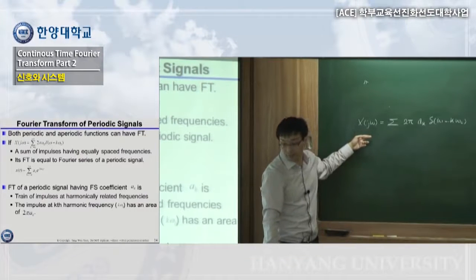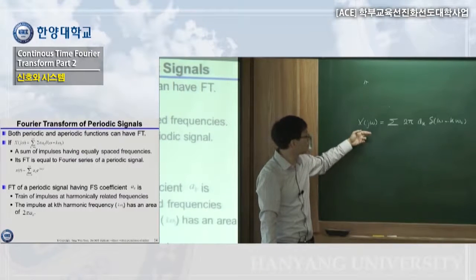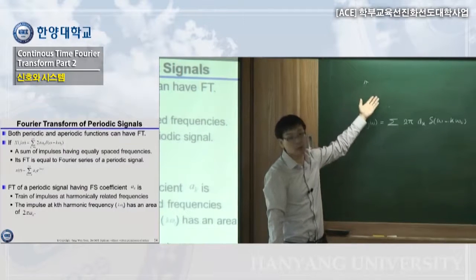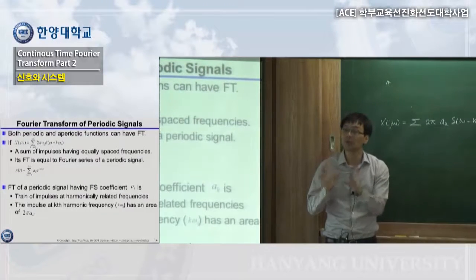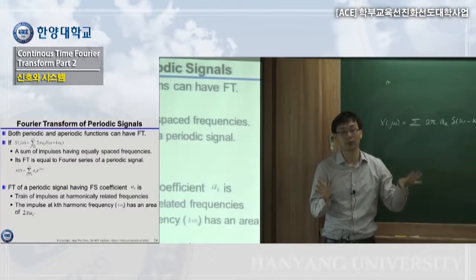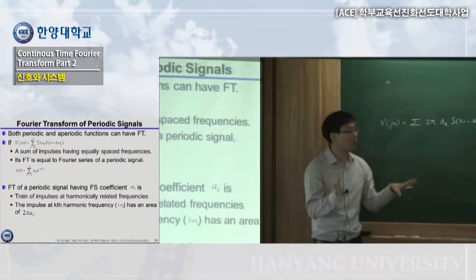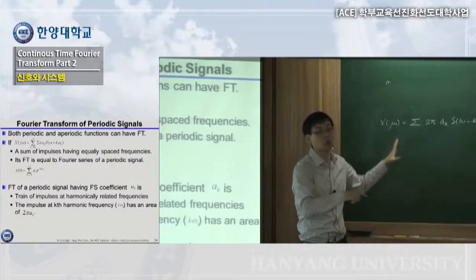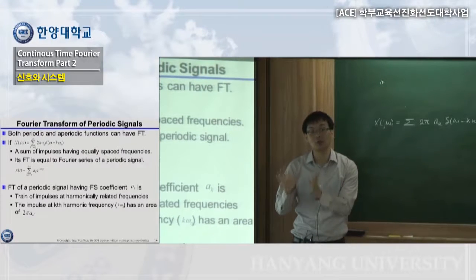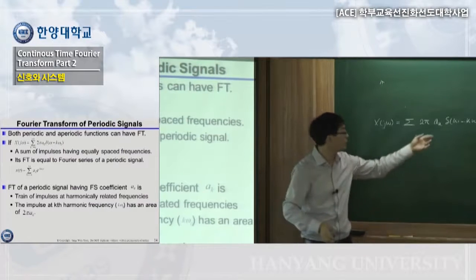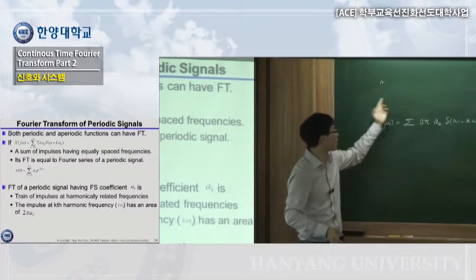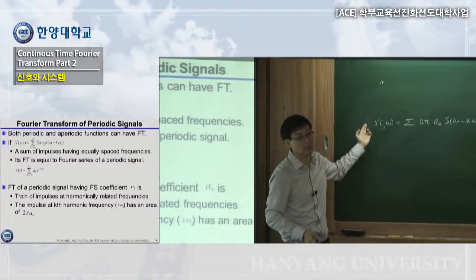In a periodic signal, we will have AK. The previous equation was for the case where we already know the Fourier transform: we sample it and scale it to find the Fourier series coefficient. Now, what about the other way? We know the Fourier series coefficient instead of the Fourier transform, and using the Fourier series, let's transform it to the Fourier transform.